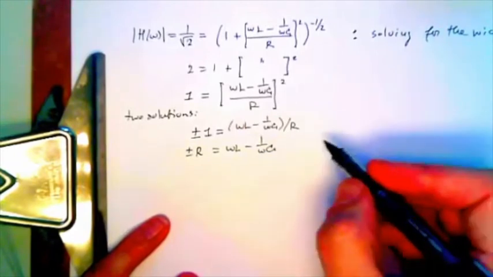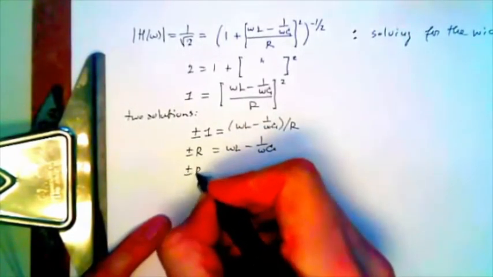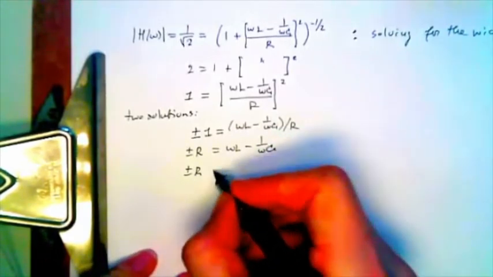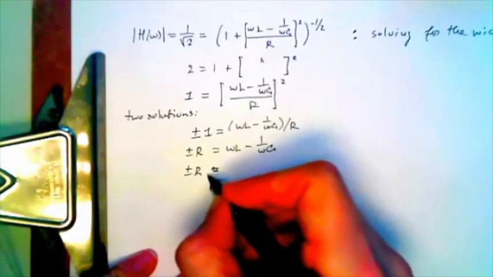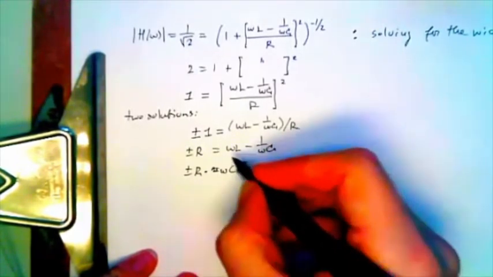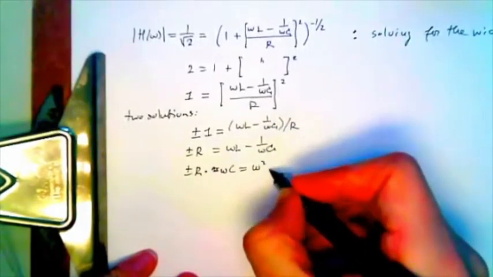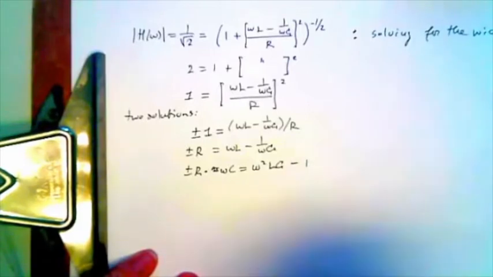So let's multiply by omega C. So we get plus or minus R times omega C equals, and now we get here omega squared L C minus 1.